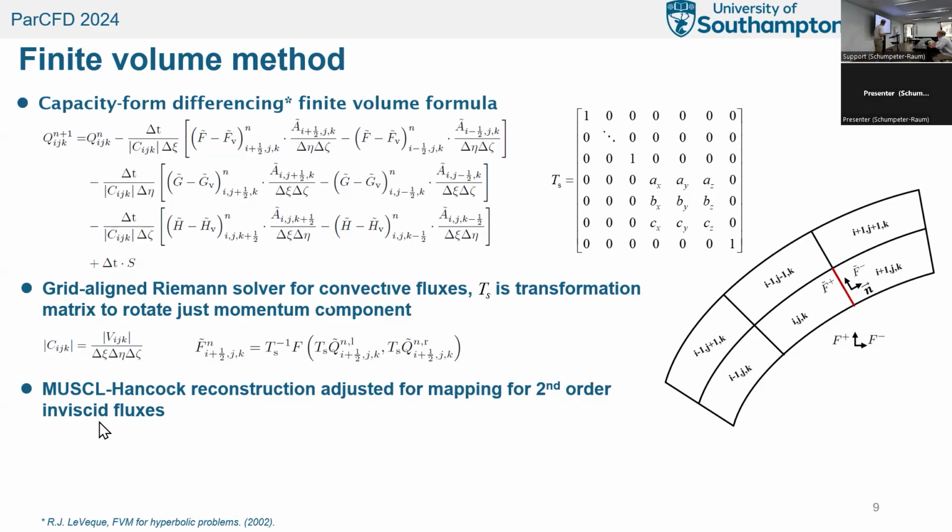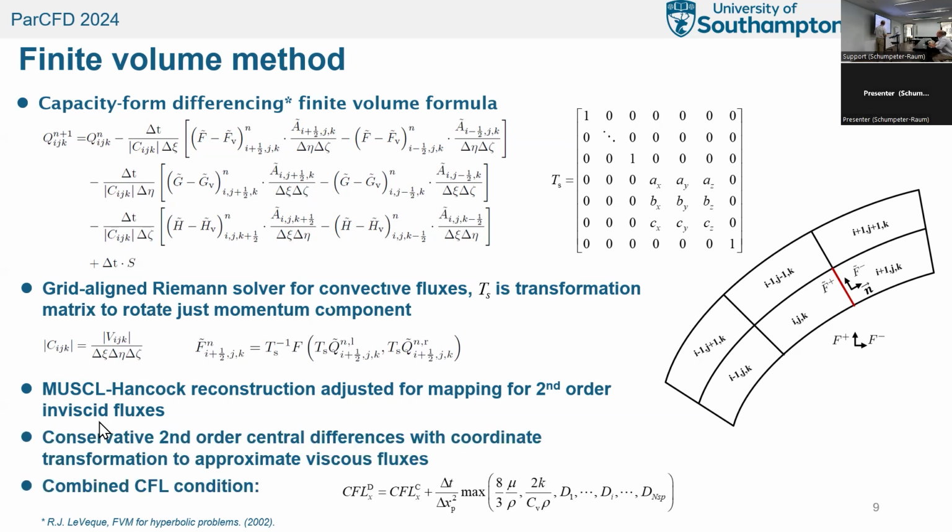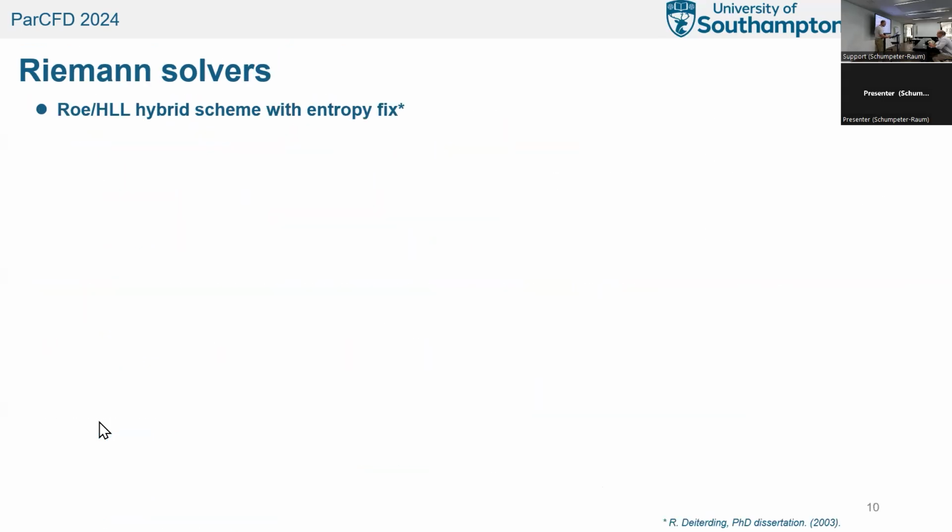It's a second order solver with limiting and reconstruction on the convective fluxes and conventional second order central differences with coordinate transformation for the viscous fluxes. Because it's an explicit solver, this is all combined in an according CFL condition, considering, of course, the smallest length scale on the mapped mesh.